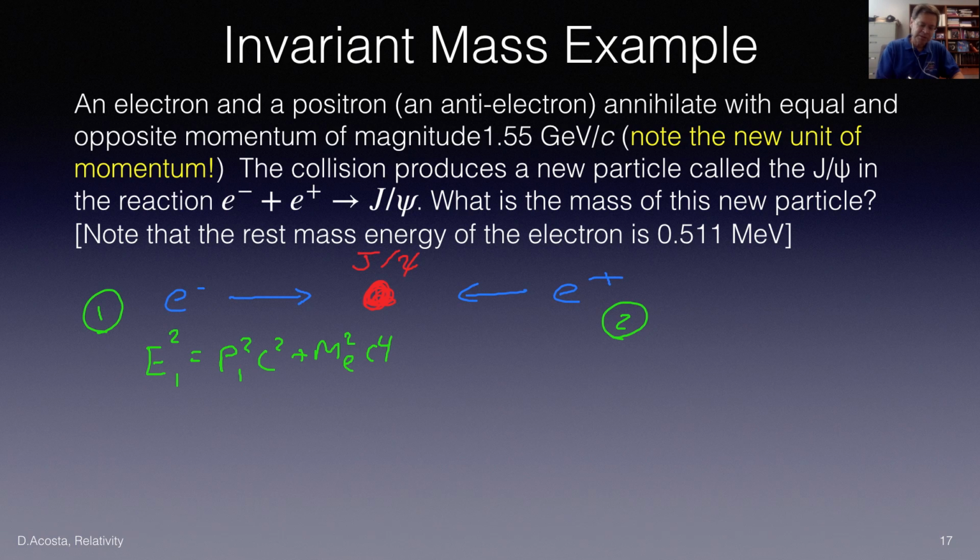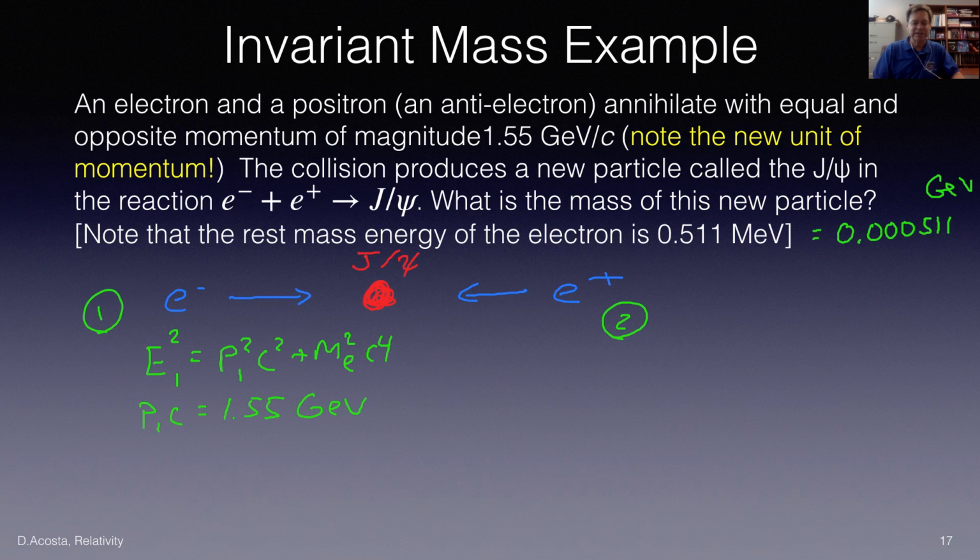But the momentum P1 times c is 1.55 GeV, giga electron volts. However, I'm going to be squaring it in this expression. Then I have to add to it the rest mass energy squared of the electron. The electron's rest mass energy in GeV units, 0.511 MeV, is 0.000511 GeV.